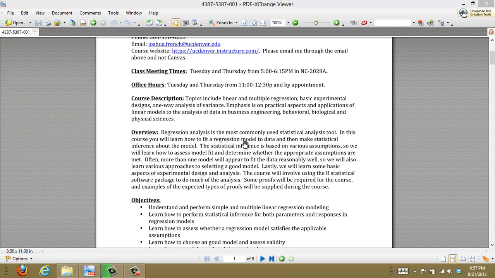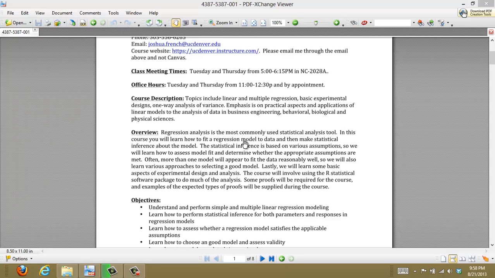Some of the topics that we're going to be covering include linear and multiple regression, basic experimental design, and one-way analysis of variance. The emphasis in this class is not just on the theory, but also the practical application, and so we're going to do lots of examples that involve data from business, engineering, behavioral, biological, and physical sciences. So there are several different fields that we're going to be doing data analysis in.